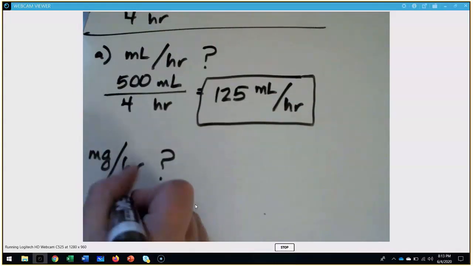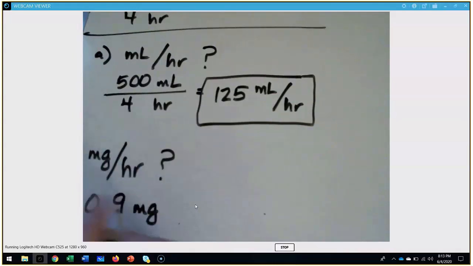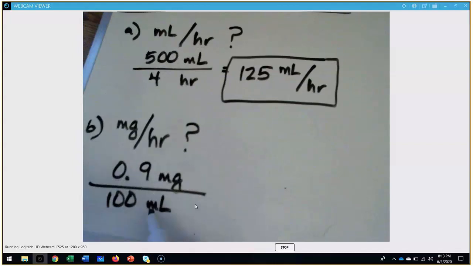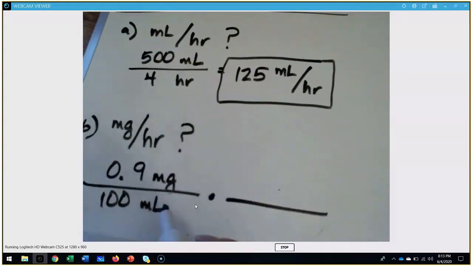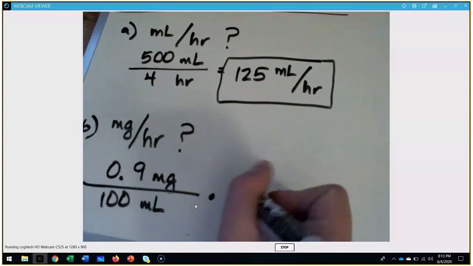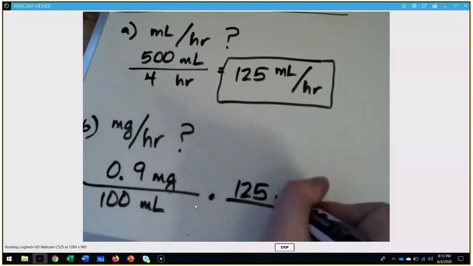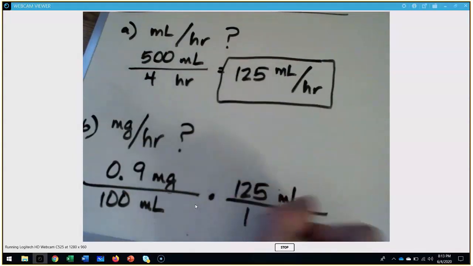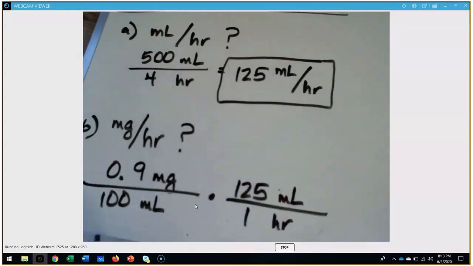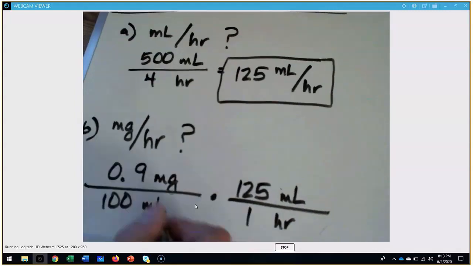So it's going to be 0.9 milligrams over the 100 milliliters. That was the concentration that was given to us. And we're going to multiply that by the 125 milliliters per hour that we got from part A, because it's the fastest and easiest thing to do.